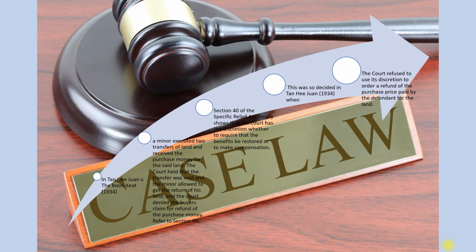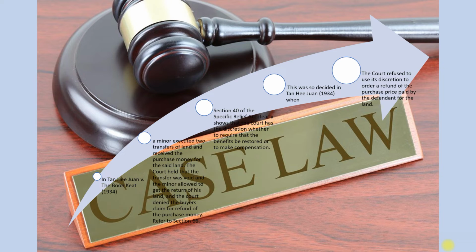In this case, one principle is that when the contract is entered into by a minor, it is a void contract. That's one issue. So what is the effect of the void contract? The money that was transferred should be refunded to the parties concerned, should be reimbursed.